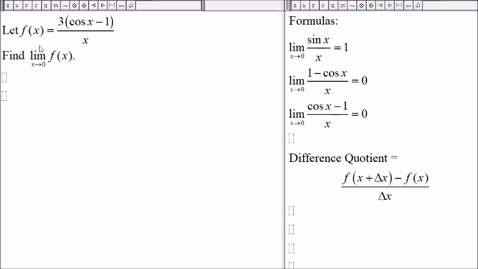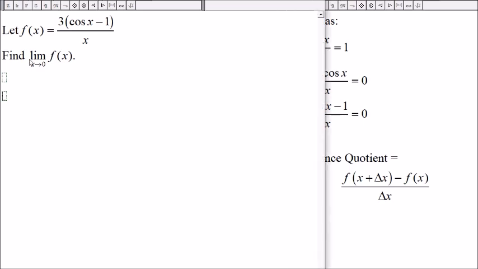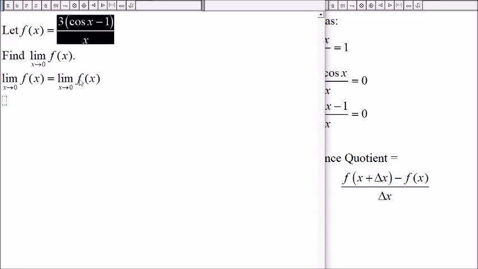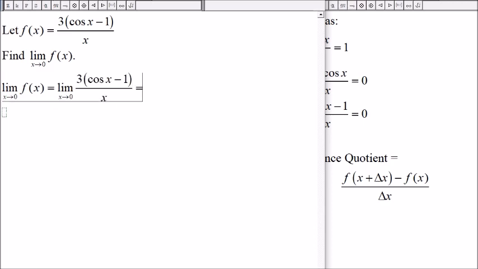And here we have the function 3 times cosine of x minus 1 divided by x, and we want to find the limit of f of x as x approaches 0. So this is the same as this, and then we can move the 3 over.